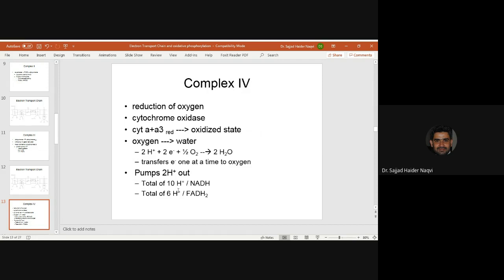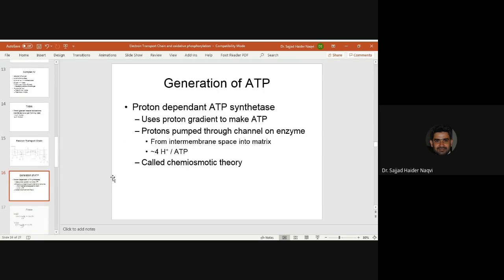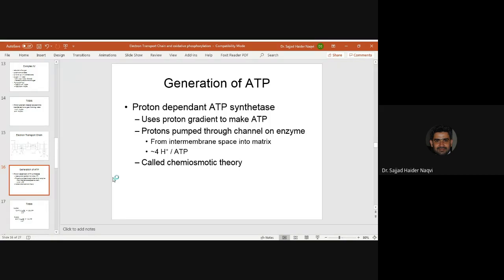As a result of this, a total of 10 protons are pumped out per molecule of NADH and 6 protons are pumped out per molecule of FADH2. And finally, as I said, these protons will come inside, and because the energy is released, that energy is utilized by the mitochondria to produce ATP from ADP and inorganic phosphate.